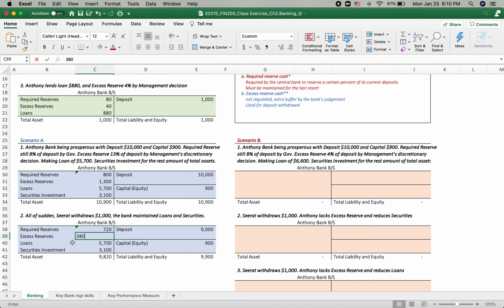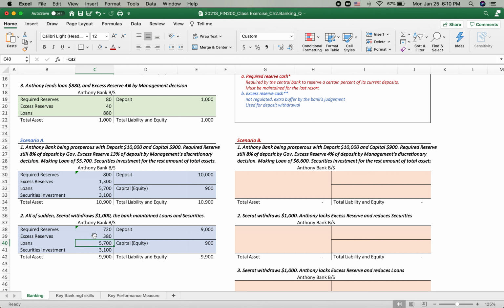It is 380, okay? Or you can just plug in from 9,900 minus 720 new required reserve minus the loans they could maintain and security investment. So we got the excess reserve 380.